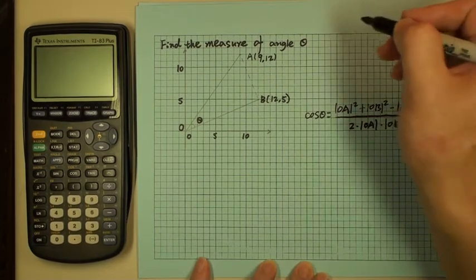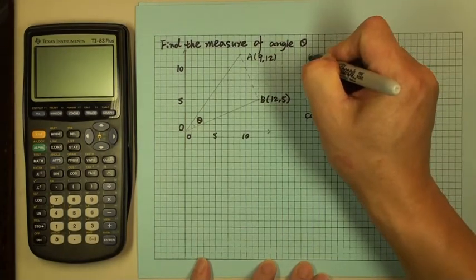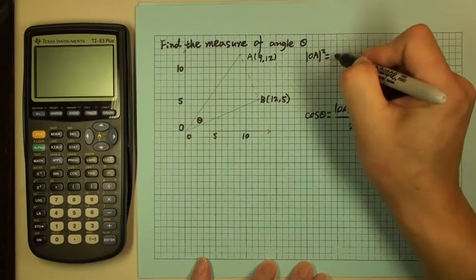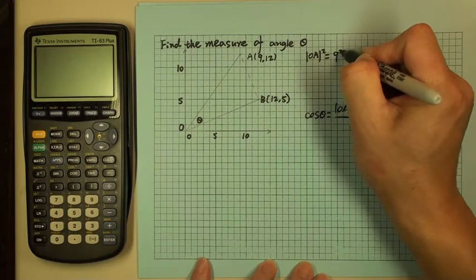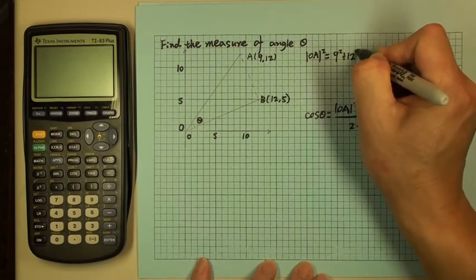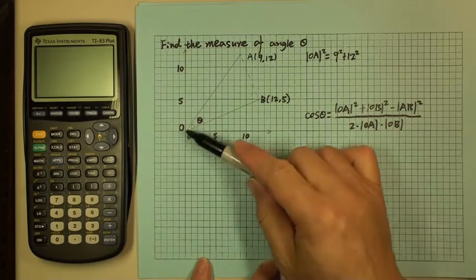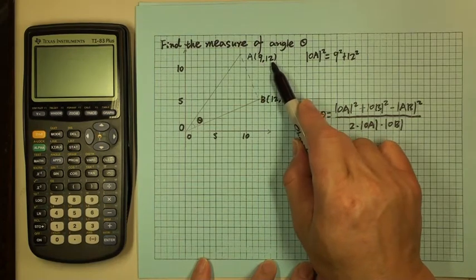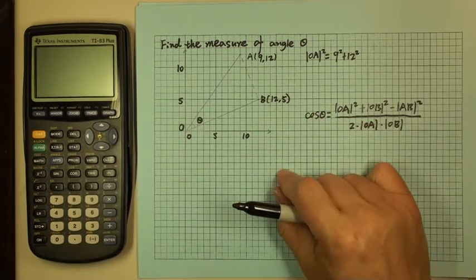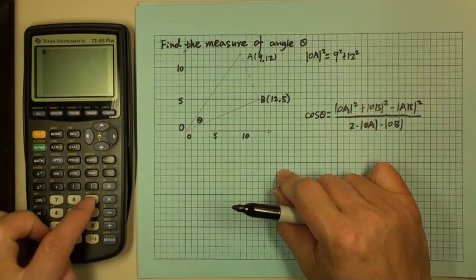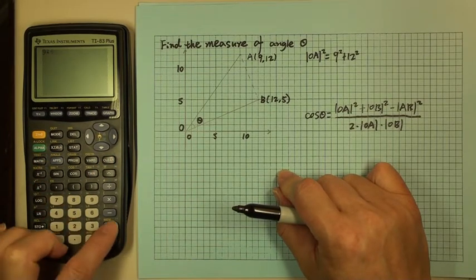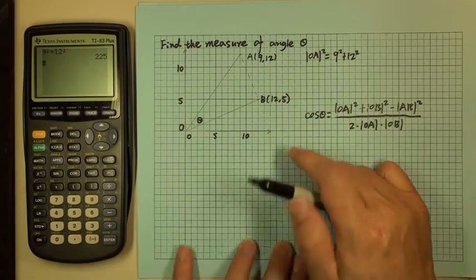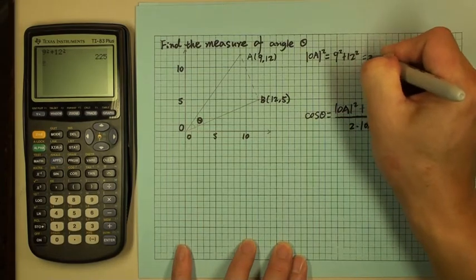Now, how long is OA? OA squared is just 9 squared plus 12 squared. So this length squared is just x squared plus y squared. Now 9 squared plus 12 squared equals 225.